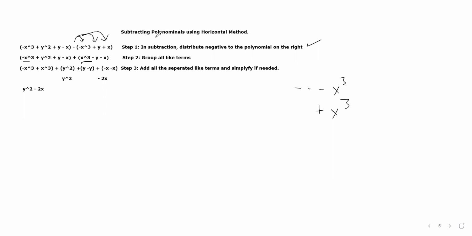What about x squares? Do I have any x squares? I don't have any x squares, but I do have a y squared, which is the next highest power. Now notice the variables are different here, right? It's something to keep in mind. That's okay. I do have a y here, so I'm going to circle the y squared, but there is no other y squared either, right?